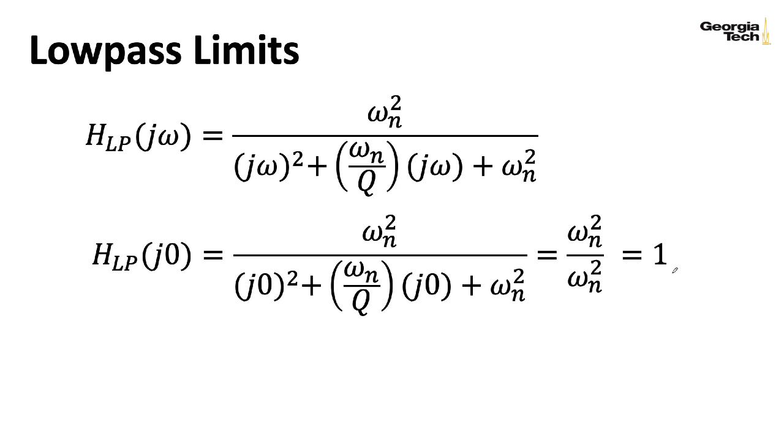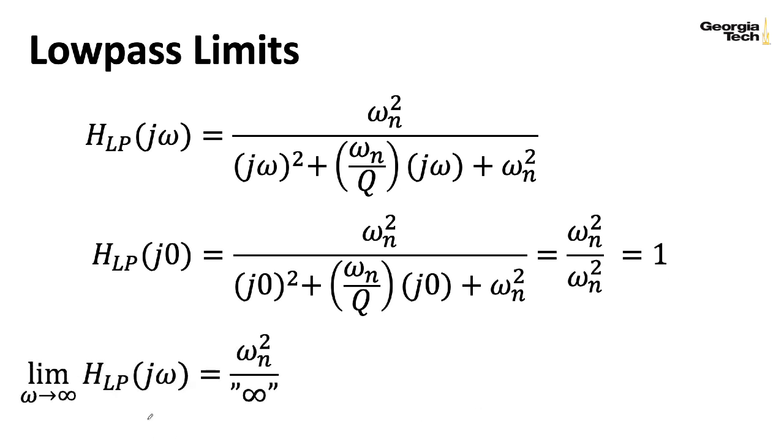Okay, so now let's ask the question, what happens if we let omega go to infinity? Well, roughly speaking, I have a bunch of terms in here with omegas in them, and as omega becomes bigger and bigger, all of that's eventually going to swamp this constant. And a constant like omega n squared over something going to "infinity", I'm being a little loose with my thinking here, which is why I'm putting the infinity in quotes, is going to give you 0.